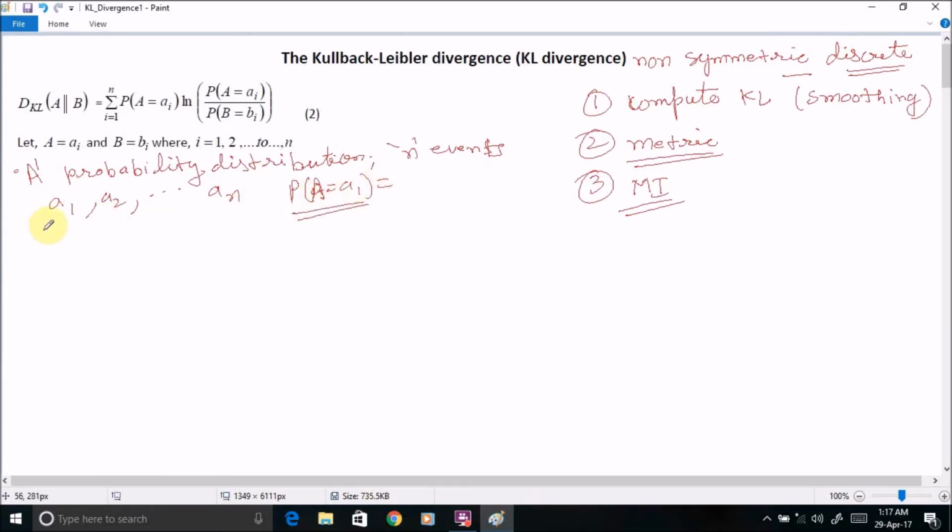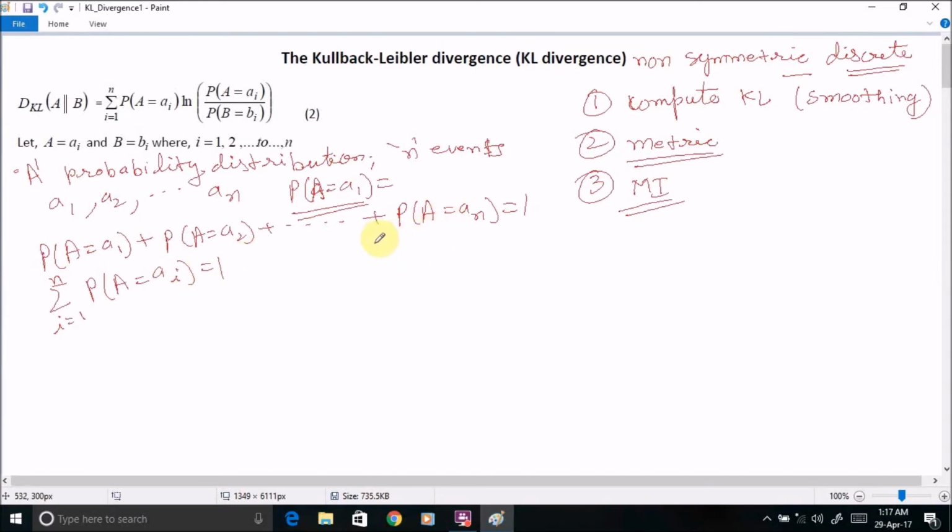Here we should also satisfy another property: the sum of probabilities of occurrences of all events is equal to 1, or in short we can say that the sum is equal to 1.